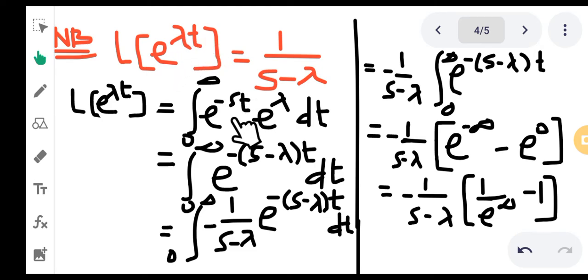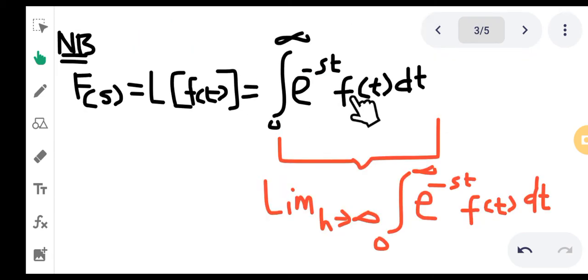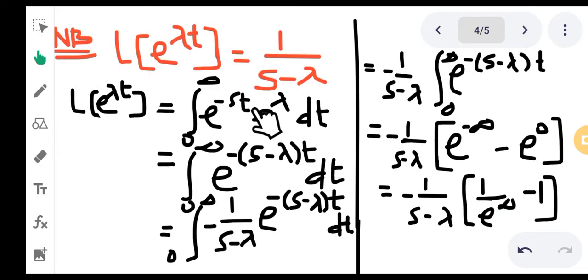Bring your f of t here, then you repeat the e exponent minus st. My f of t is e exponent lambda t.